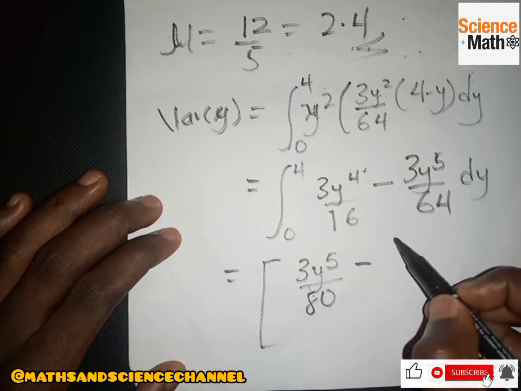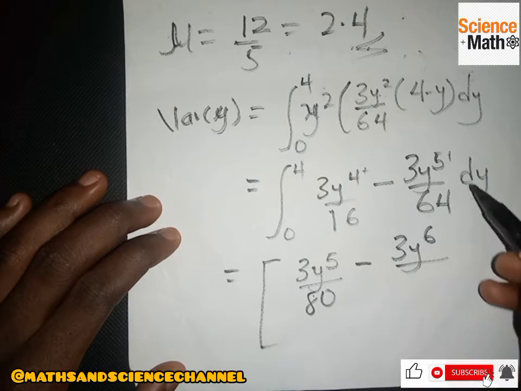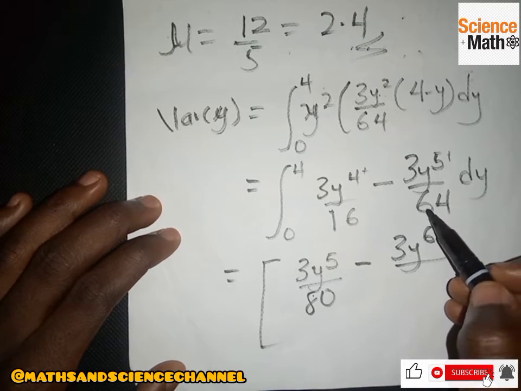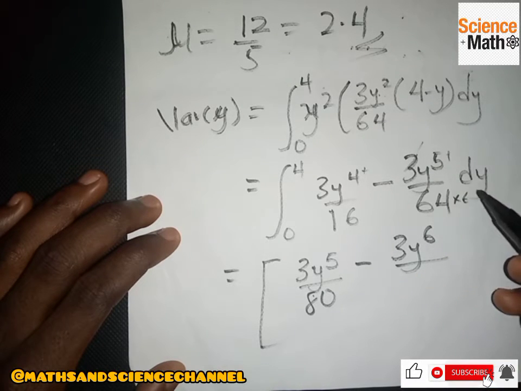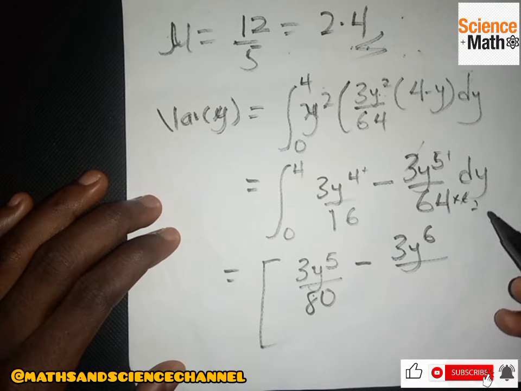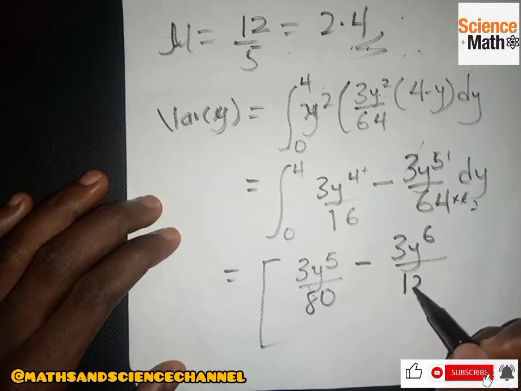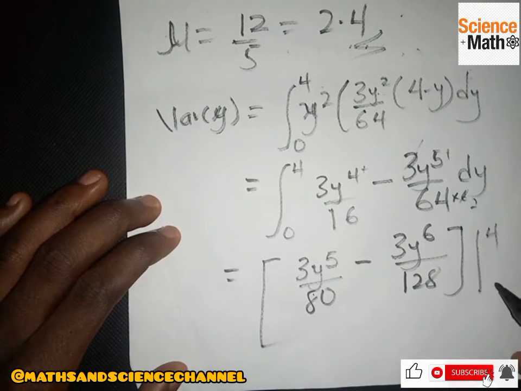Minus, we have y to the power 6 because we added 1, then divide by 6. When we divide by 6, 3 goes into itself once and 6 twice, and then 64 multiplied by 2 is going to be 128 in this case, evaluated from 0 to 4.